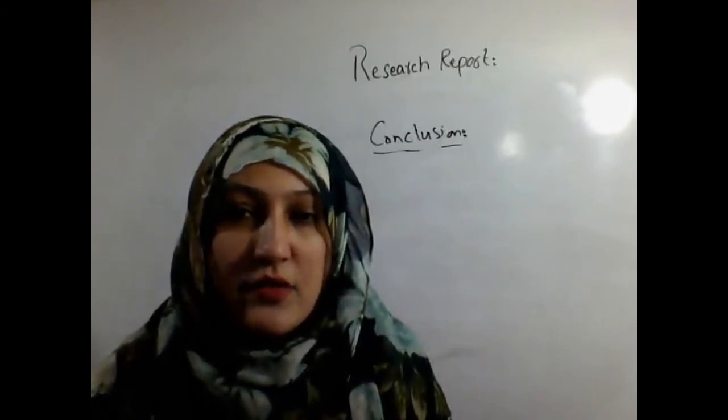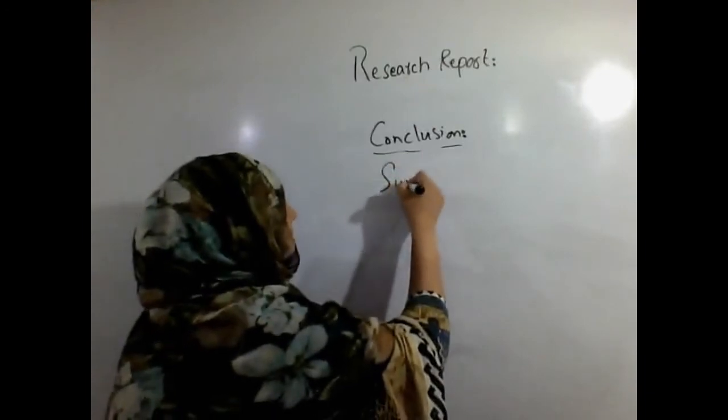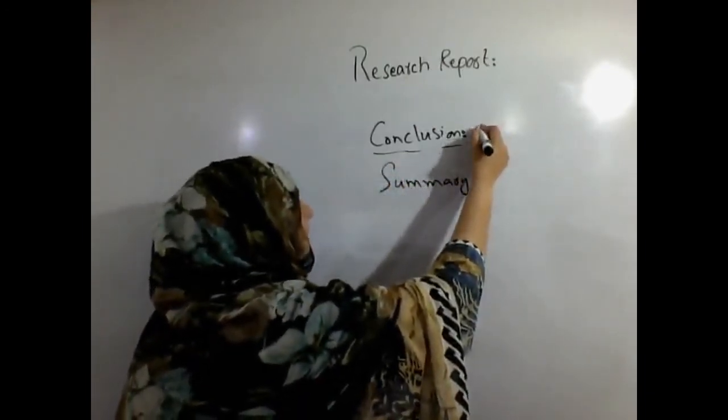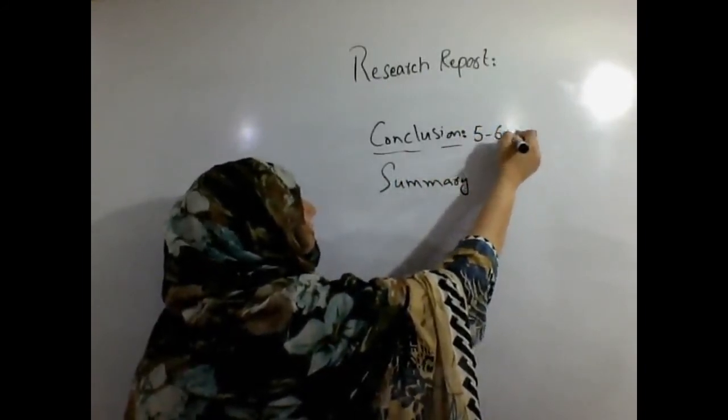After the conclusion section, you give the summary. This is only 5 to 6 lines maximum.